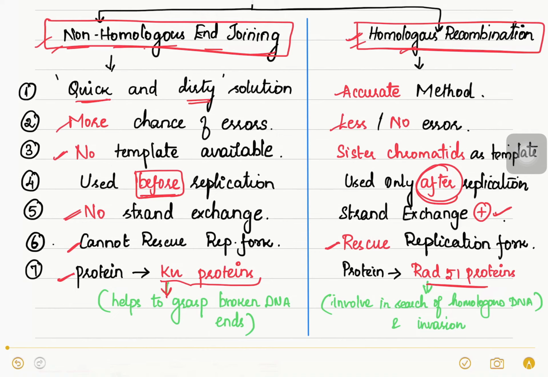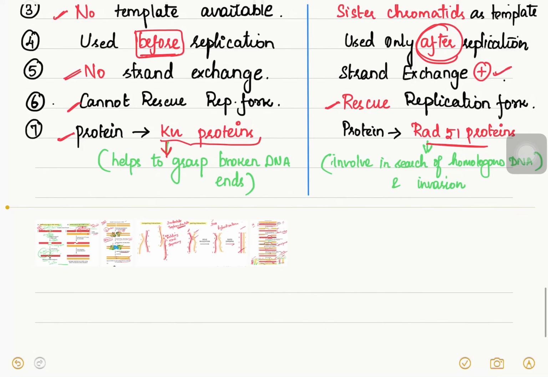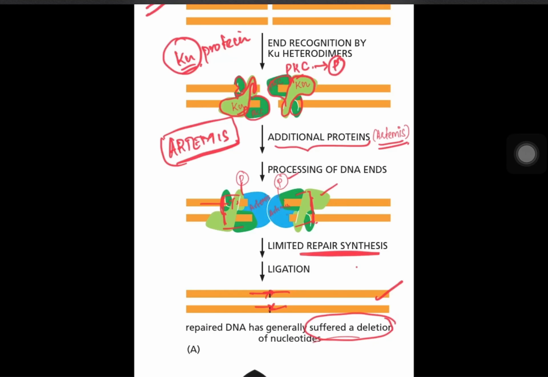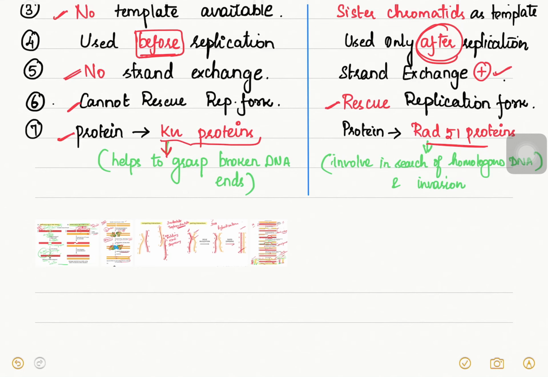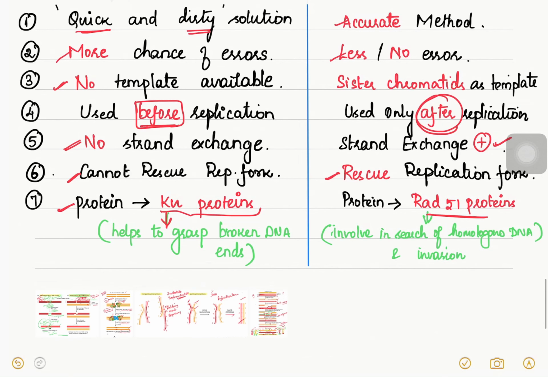The function of the Ku protein is that it helps to grasp both the DNA ends. Yes or no? Here we have seen this is the Ku protein which is grasping or holding the broken ends. But the Rad51 protein is involved in the search for homologous DNA and invasion.